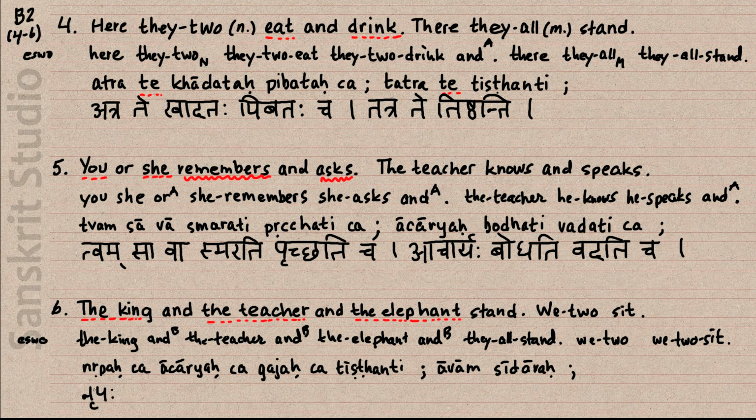So we only have to render it in Devanagari. Nripaha cha, long a there, acharyaha, cha, gajjaha cha, and then we have the standing action here, tishtanti.